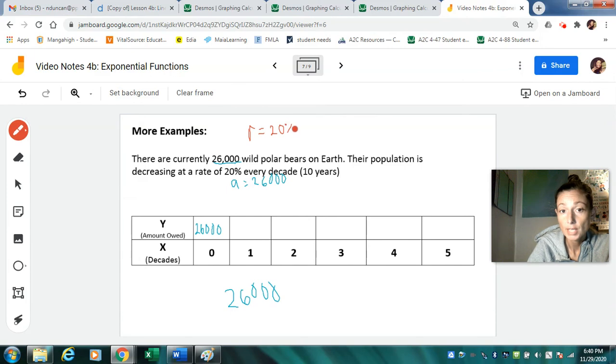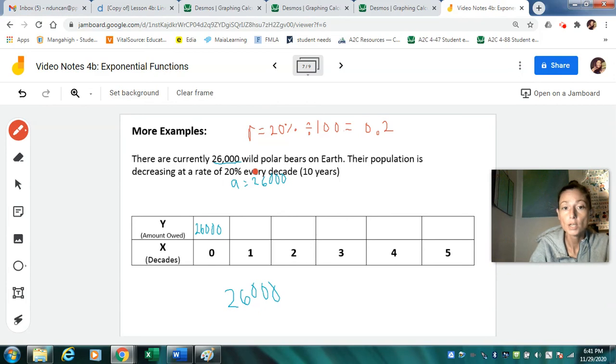And so to do that, you divide by 100, or you can move the decimal place 2 places to the left. I like just dividing by 100 because then you can guarantee that you have the right amount of decimal places. So I do 20 divided by 100, and that gives me 0.2.